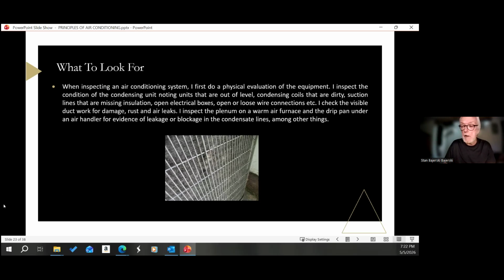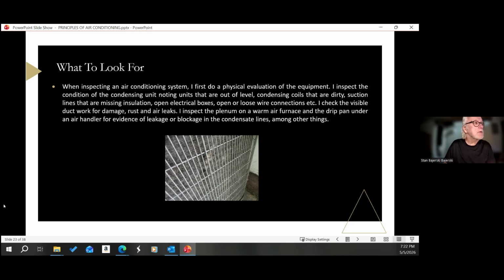Sometimes it's amazing how many dogs pee on condensing units. I don't know what the attraction is, but that acid in the urine will ruin the coils and the jackets. So we're looking for dirty coils. We've all seen them. Suction lines that are missing insulation, open electrical boxes, open or loose wire connections, etc.